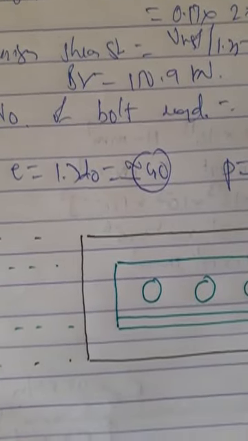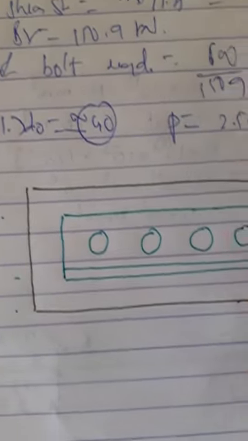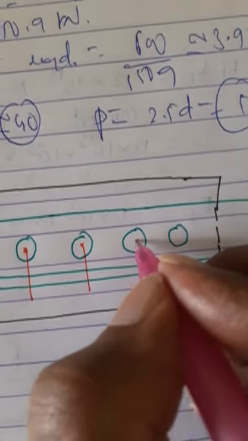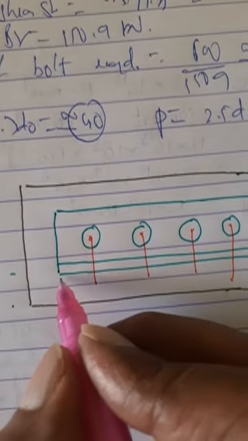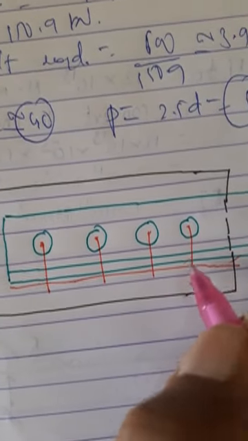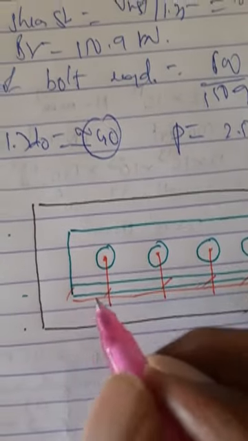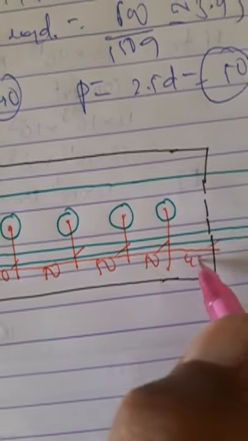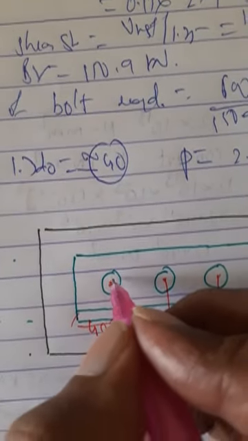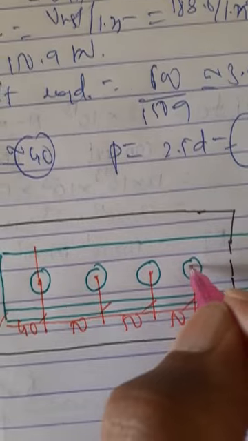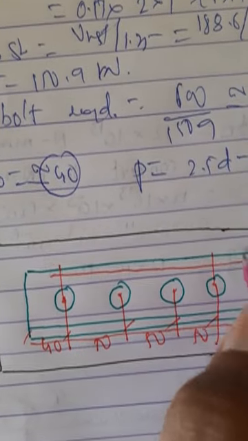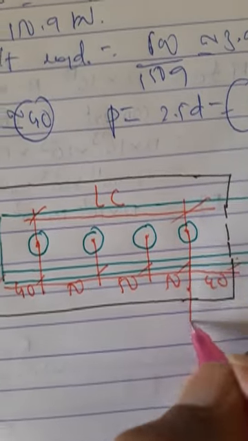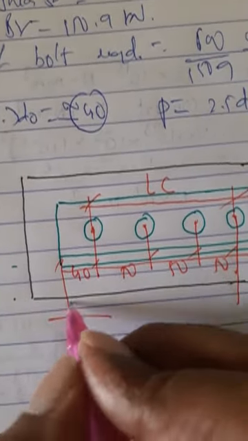Now put the distances. So distances here are bolt center, hole center, edge and pitch. Edge is 40, pitch is 50. This distance from this bolt end to this bolt end is Lc. This distance from this bolt to start of the plate, Lv.